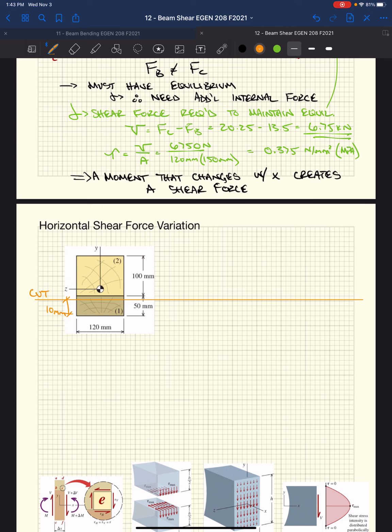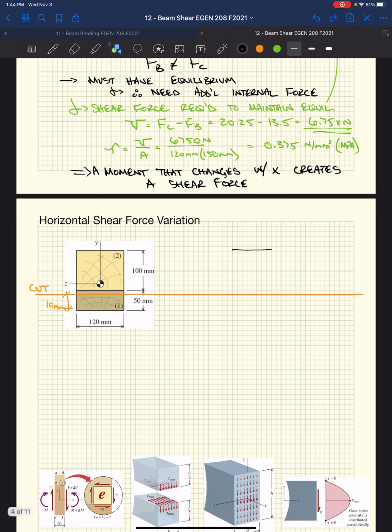So we decide to cut this member now, not at the neutral axis, which was the mid depth, but we're going to just cut it 10 millimeters off the bottom. Obviously, that's not really to scale exactly, but close enough for what we're dealing with. So we cut it. Close enough.